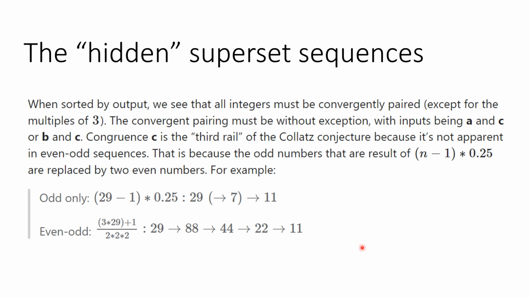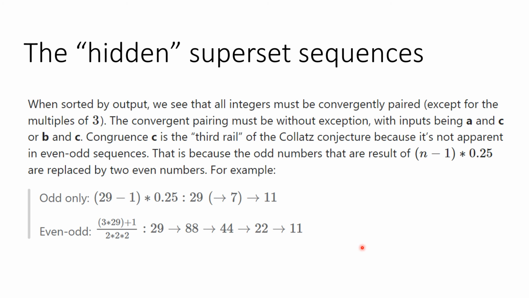Here, and I'll just read this, when you sort by output, you see that all integers must be convergently paired, except for multiples of 3. So we covered this. The convergent pairing must be without exception, with inputs being A and C or B and C. So Congruence C is what I've previously termed the third rail of the conjecture in a previous presentation, because it's not apparent in even-odd sequences.